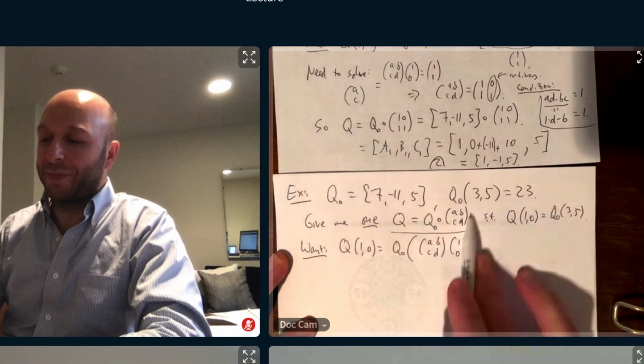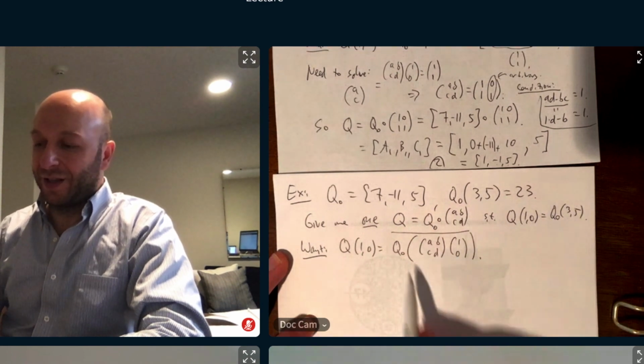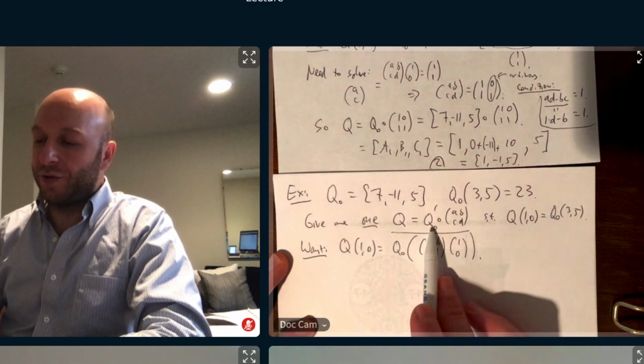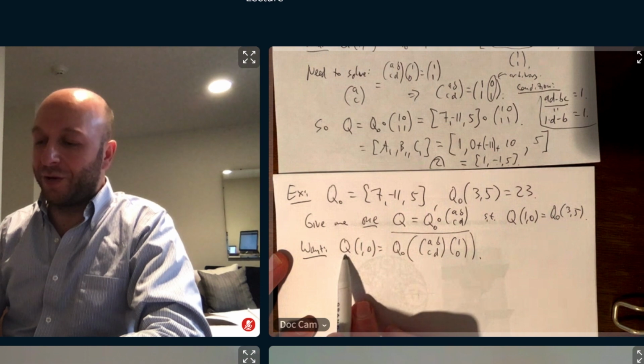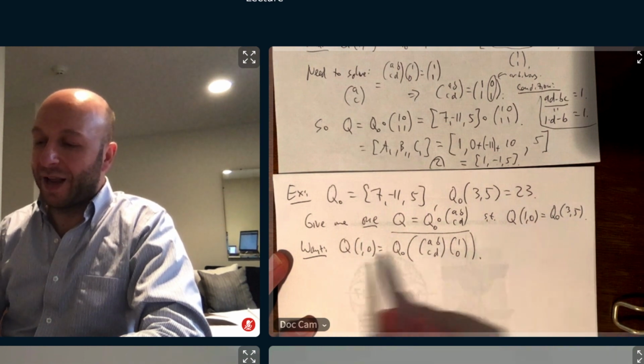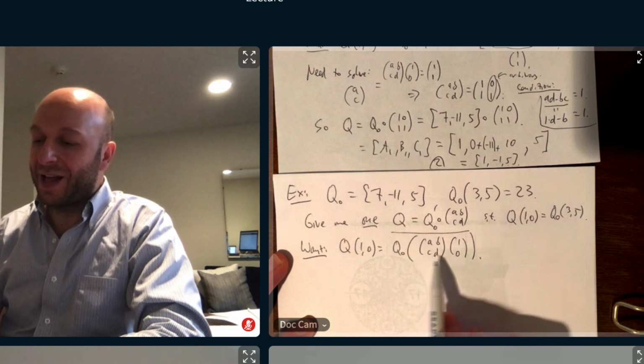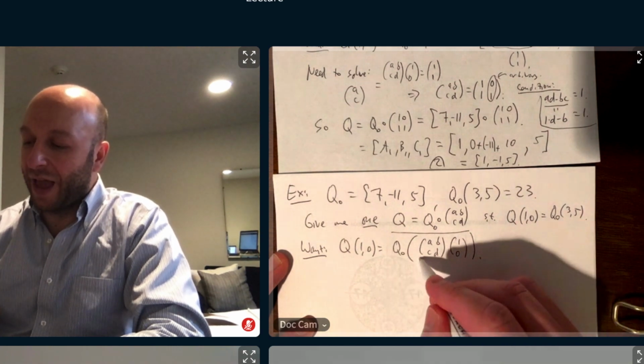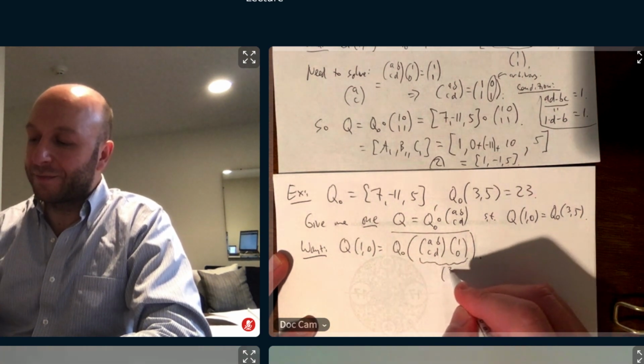Right? That's what this composition means. The fact that we want Q to be Q0 composed with ABCD means Q is Q0 with ABCD, and we want this value at XY to be the same value as Q0 would take at 3, 5.